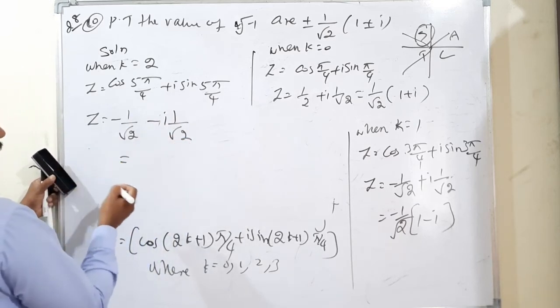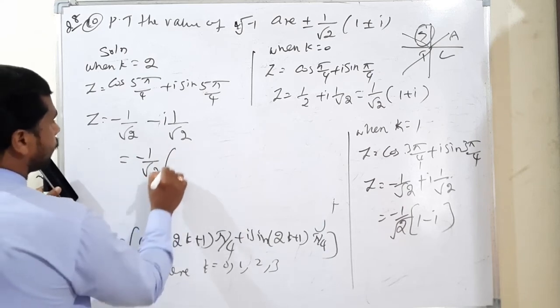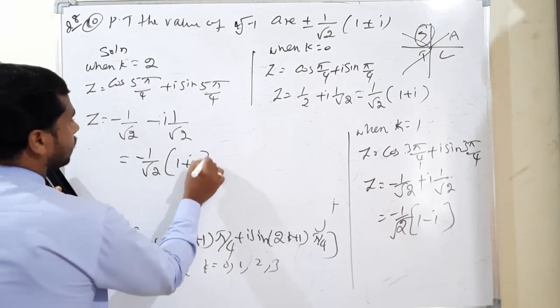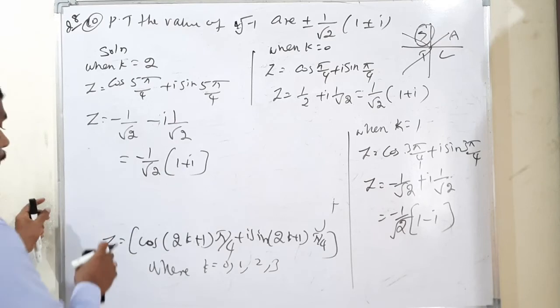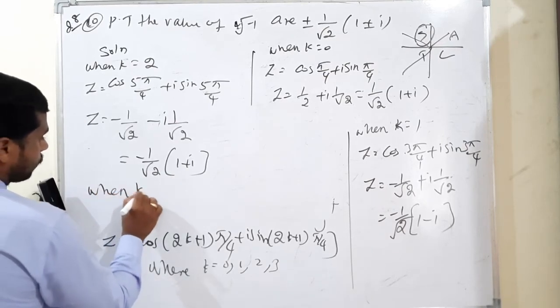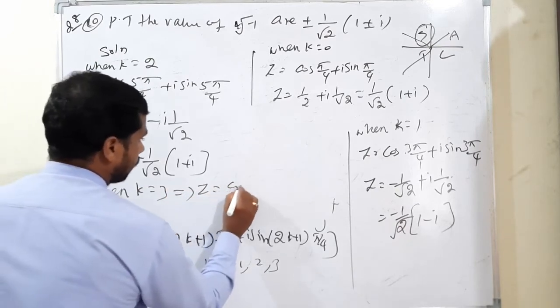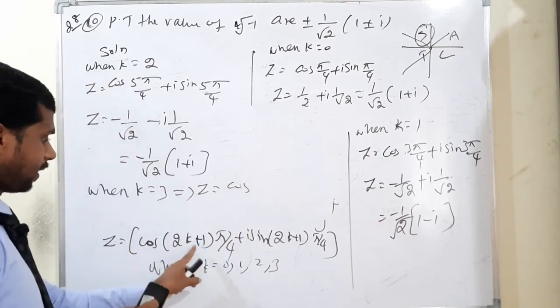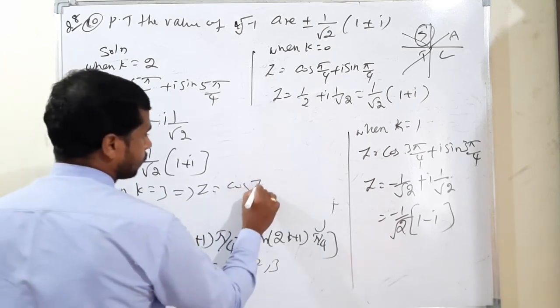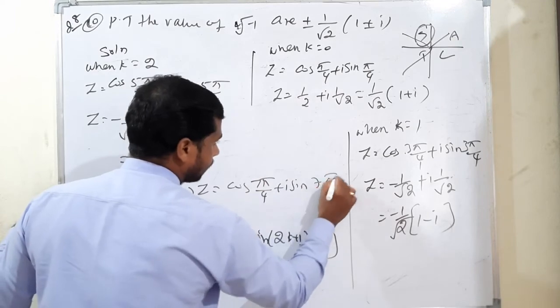So what we have to do? Minus 1 by root 2 taken common outside means 1 plus i will come. Now I am moving to when k is equal to 3, sorry my dear. When k is equal to 3, what will happen? z is equal to cos of 2 into 3 is 6, 6 plus 1 is equal to 7, 7 pi by 4 plus i sin 7 pi by 4.